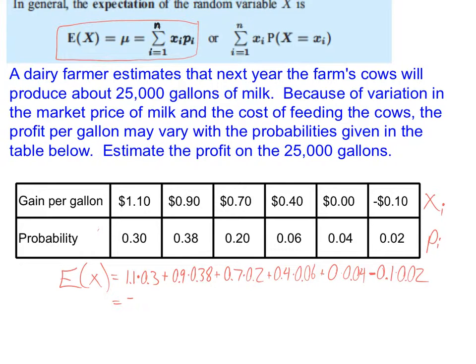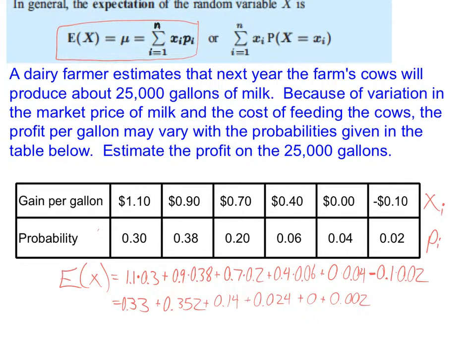We've got 0.33 plus that's going to be 0.342 plus 0.14 plus 0.024 plus 0 plus 0.002.